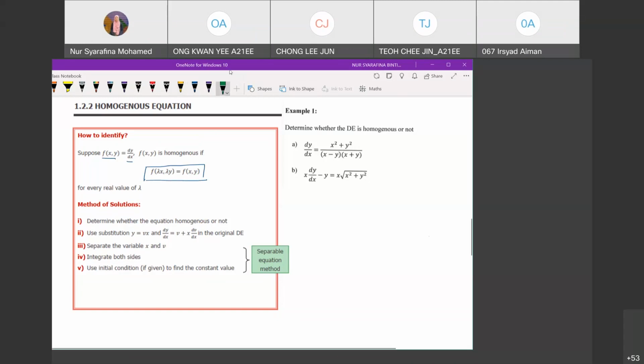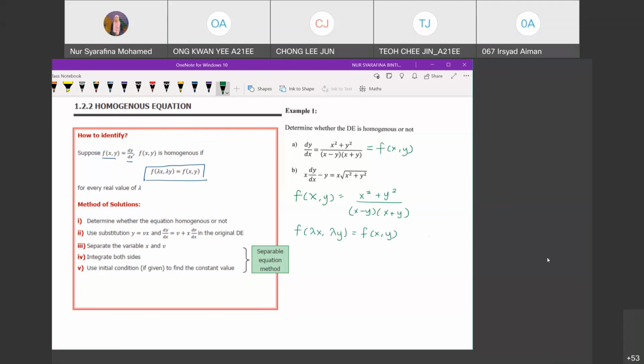Now let's take a look at the first example of a homogeneous equation. This dy/dx is actually a function of x and y. So now your f(x,y) equals (x squared plus y squared) over (x minus y)(x plus y). We need to show that f(λx, λy) equals f(x,y). Then we can conclude that the function is homogeneous.